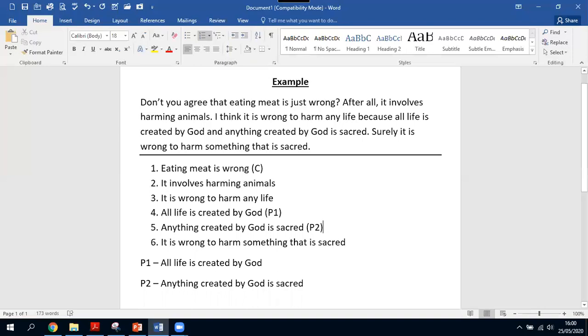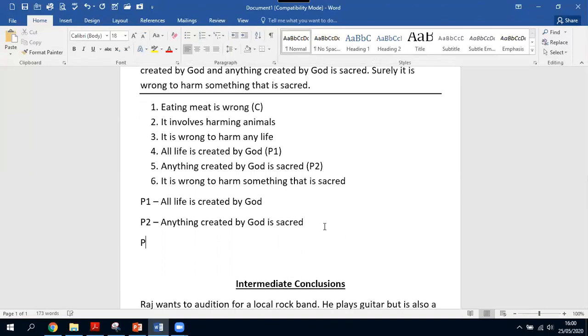Next up, premise 3, it is wrong to harm something that is sacred. So we've got our first 3 premises in order. Now, if it is wrong to harm something that is sacred, then that means it is wrong to harm any life.